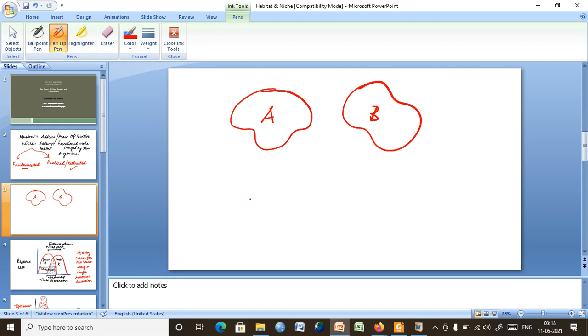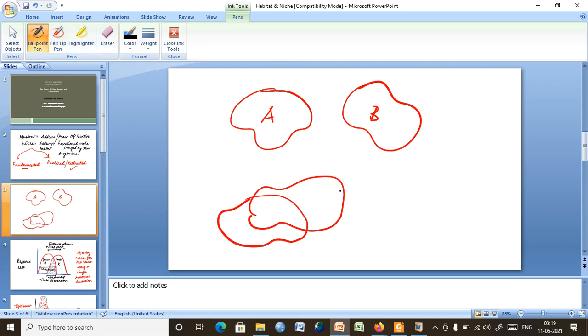And in the second case, just imagine a condition in which they are overlapping and very much interacting with each other, so that there may be severe competition and other biotic interactions which lead to divergence.